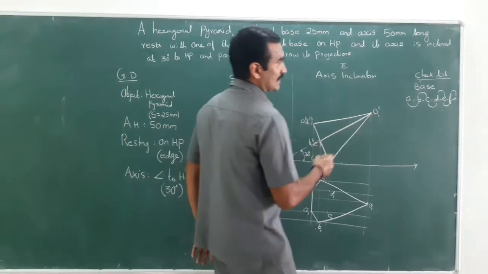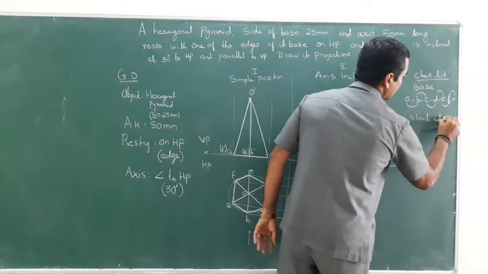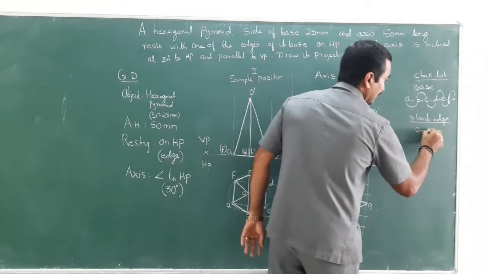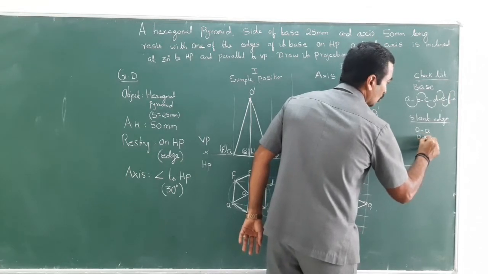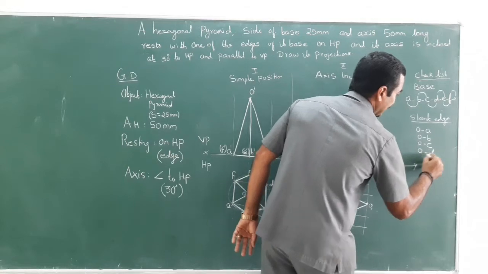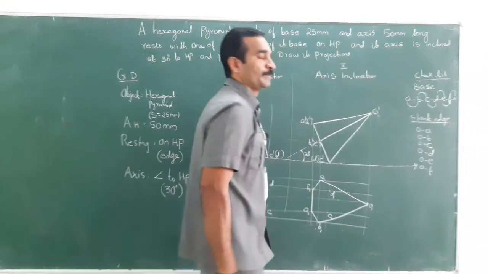And what about the slant edges? Slant edges: O to A, O to B, O to C, O to D, O to E and O to F.